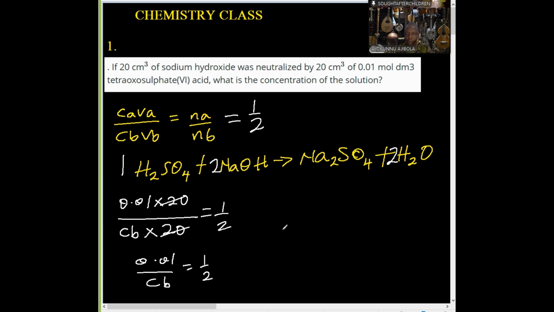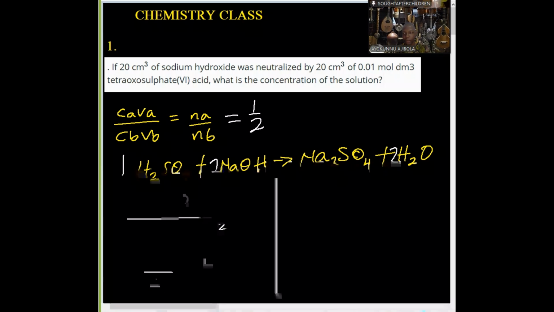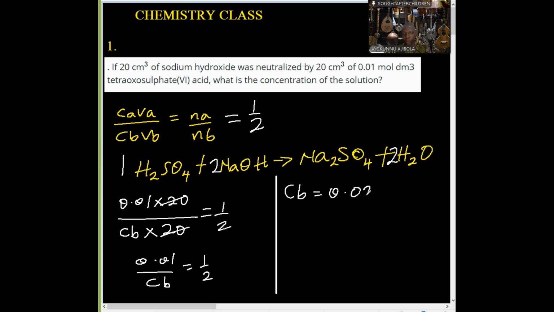So what is 2 times 0.01? CB equals 0.02 mol/dm³. Is this clear to you? Yes, it is.